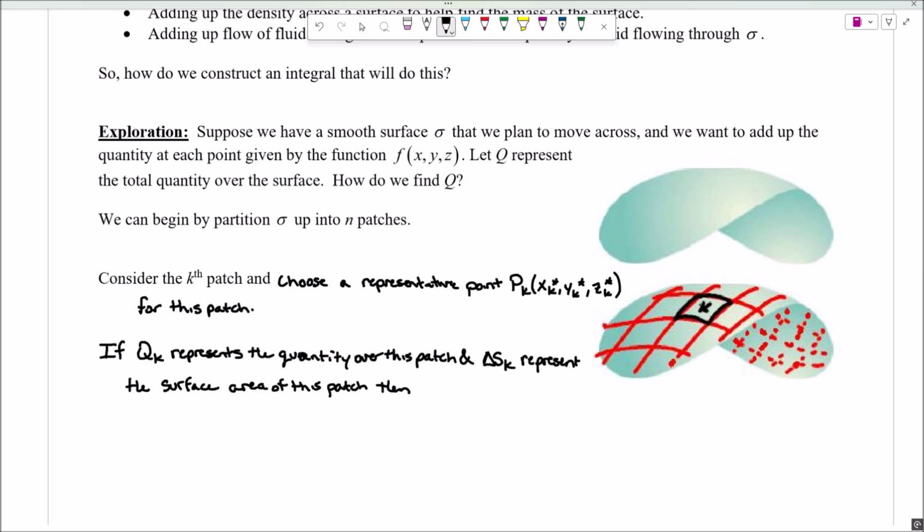Then it would have to be the case that Q sub k, this estimation of the quantity that I want, should just be able to be represented by my function evaluated at my special point, f of xk star, yk star, zk star, multiplied by that surface area.